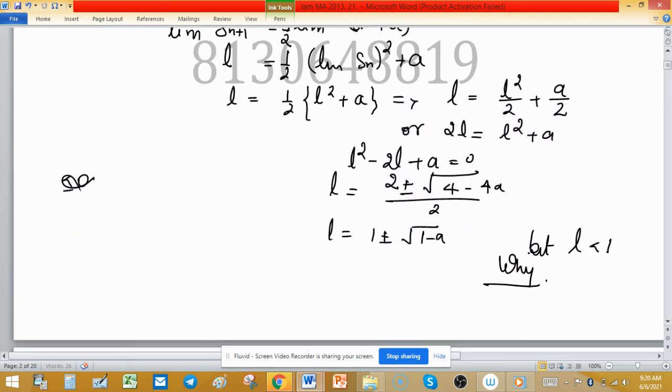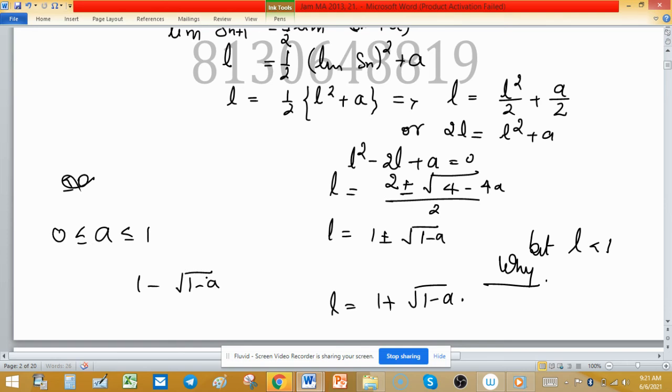So why have we chosen L equal to 1 plus square root of 1 minus a, you can see. Otherwise, 1 minus square root of 1 minus a, maybe because a is less than 1, a lies between 0 and 1.